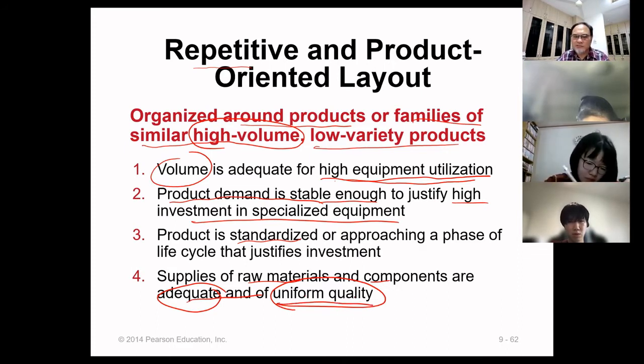The line stops. The line stops, 100 workers stop working, 100 staff stop working, you lose money because you pay employees to do work. So you have to have uniform quality. Uniform quality means constant good quality parts delivered.